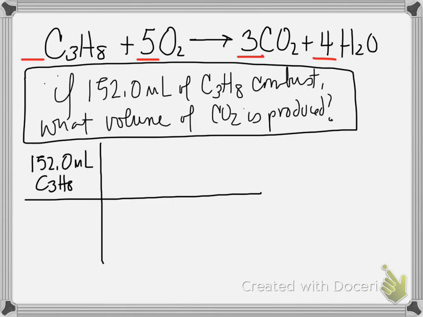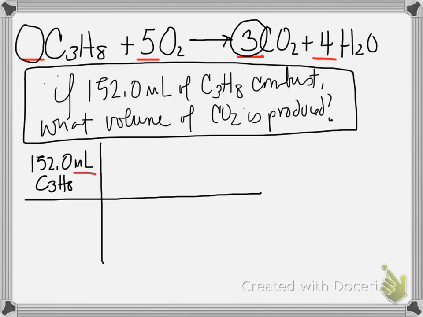Well, for every 1 milliliter of C3H8 that combusts, you're going to produce 3 milliliters of CO2. For every liter of propane that combusts, you're going to produce 3 liters of CO2. So it's just volume for volume. So since I'm in milliliters, I can use milliliters. It does not matter what units of volume you use.